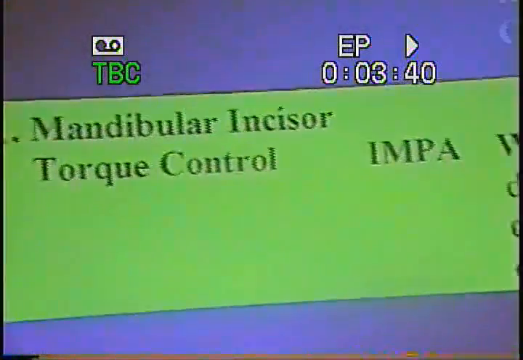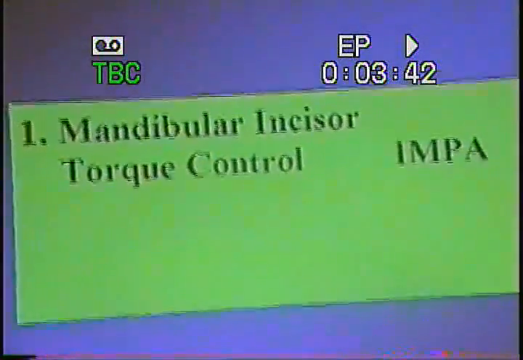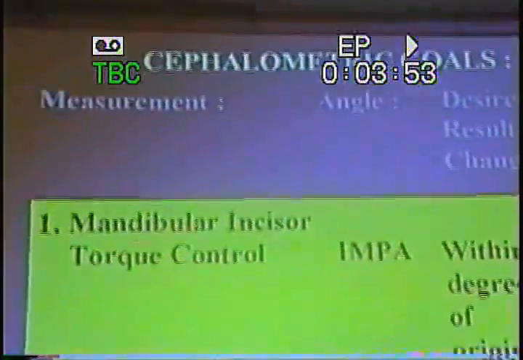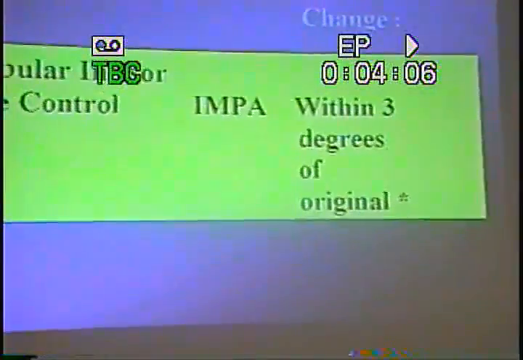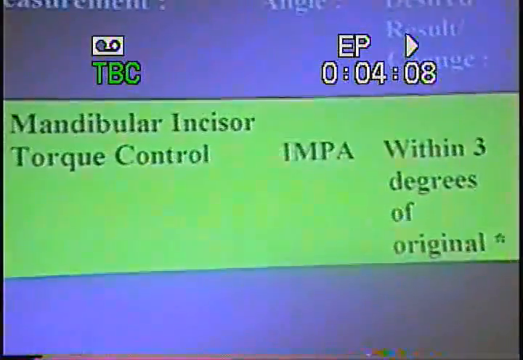So when you diagnose a case cephalometrically and you trace out IMPA, whatever that number is, in general, you want to keep it in that same position. And as you treat it, your flexibility there is 3 degrees. If you take it beyond 3 degrees, there's a good chance it's going to be unstable.